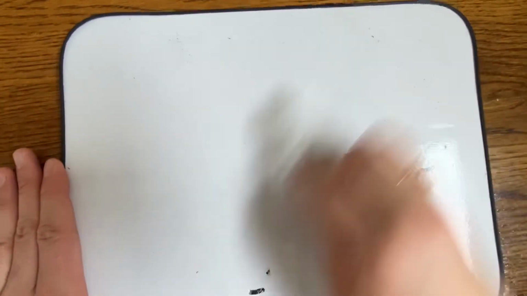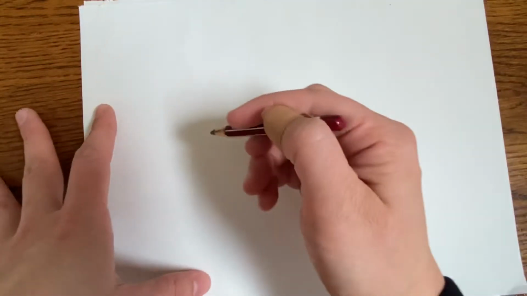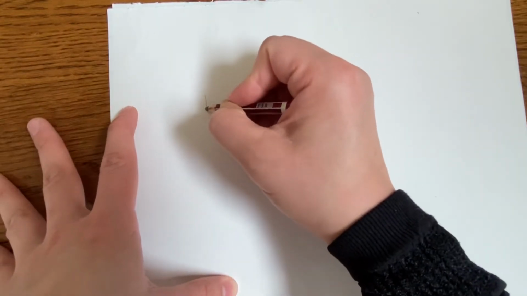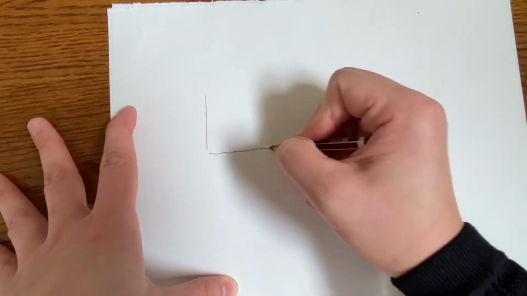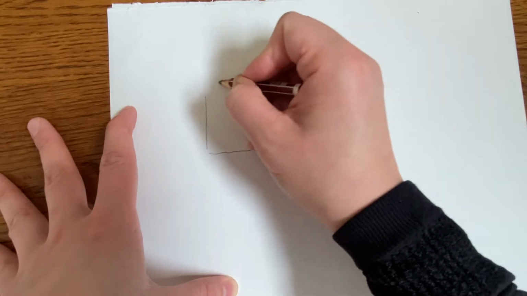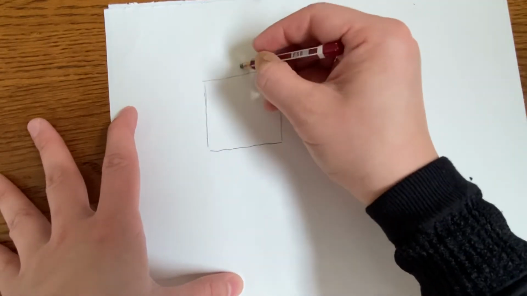Now let me bring my paper and let's draw some characters. Since I like drawing hijabi characters, I was thinking to draw some hijabi characters with shapes. So I have, let's say, the square. I'll do the X's.